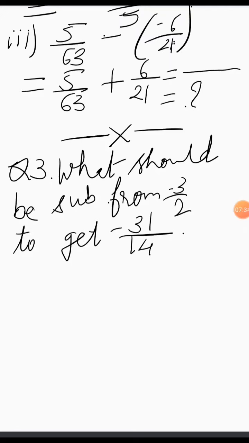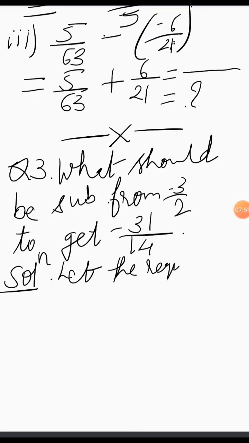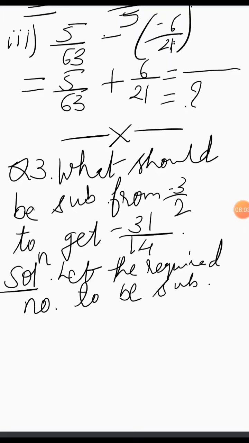So we don't know what we have to subtract. So let the number whatever you have to subtract be x. So what we write? Solution: let the required number to be subtracted be x.